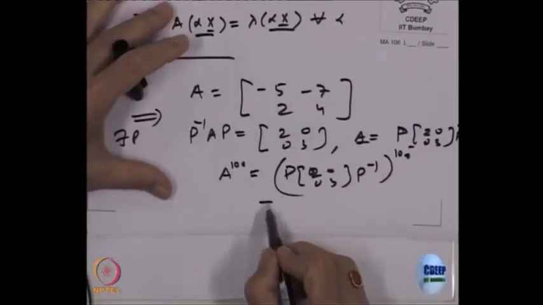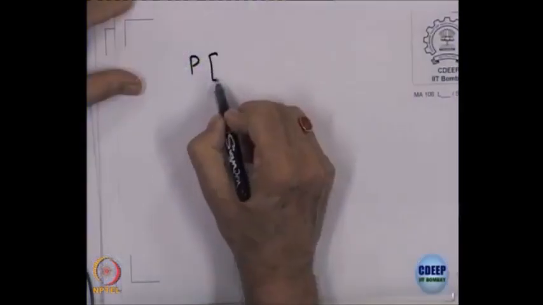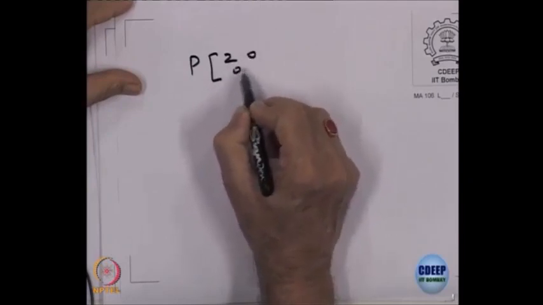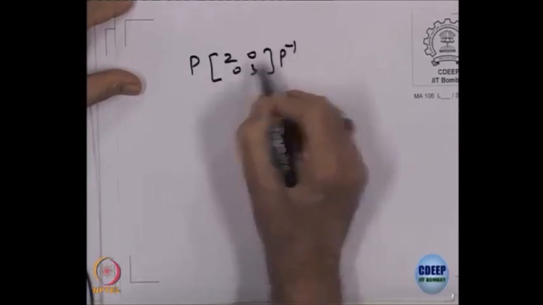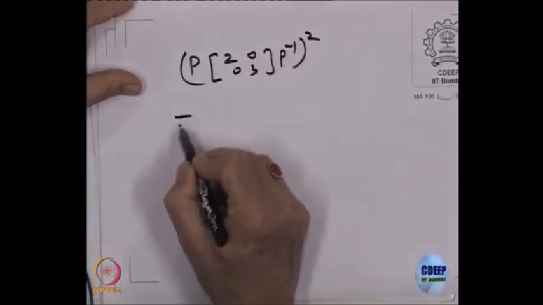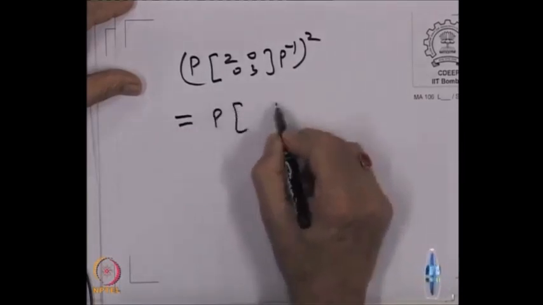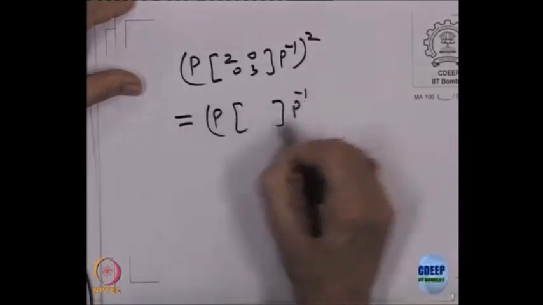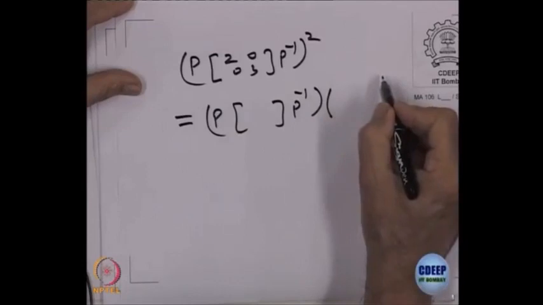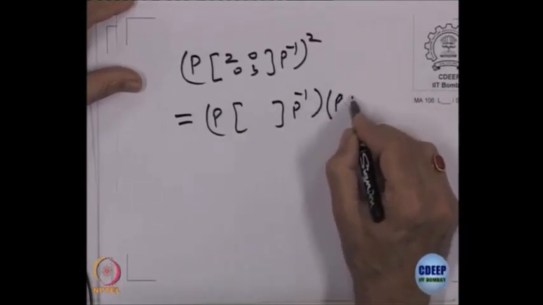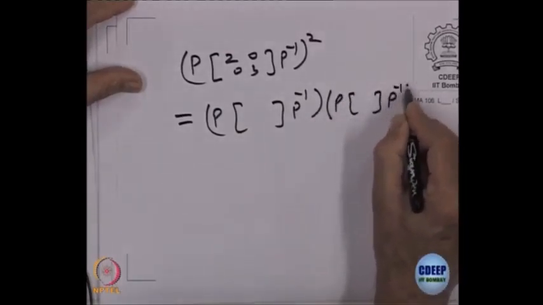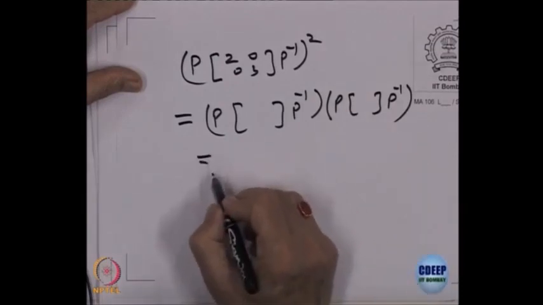What is this equal to? Looks surprising, no? Let us compute it for the square first of all, and then you will see what is happening. So, let us look at P times 2, 0, 0, 3, times P inverse, squared. What is that equal to? P, this matrix, P inverse multiplied by itself.